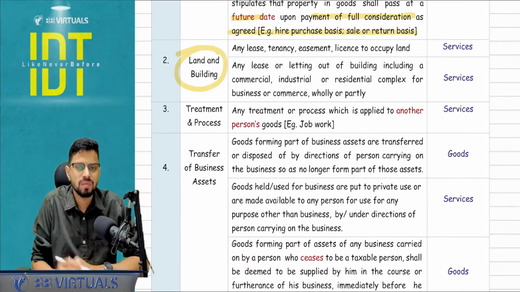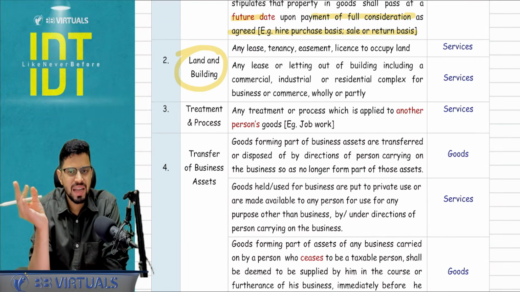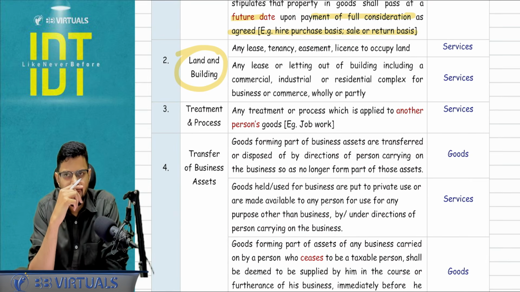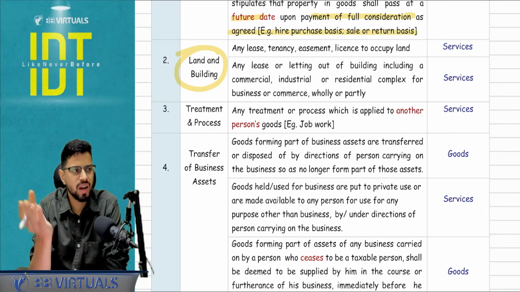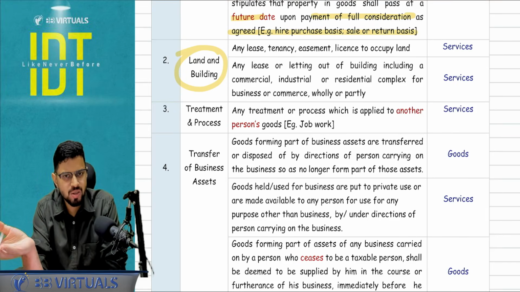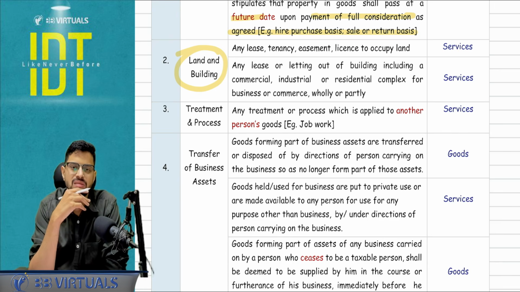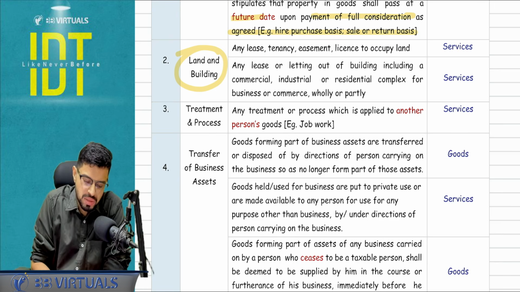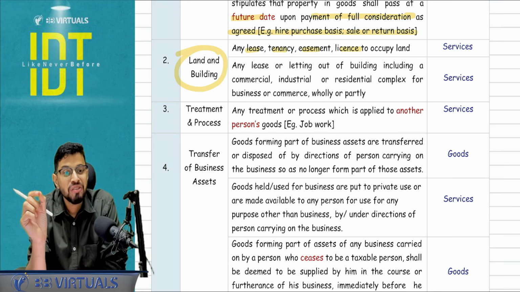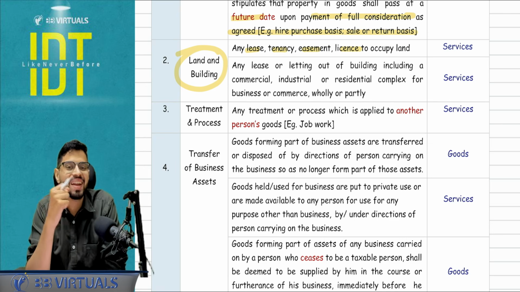Land, building, rent, lease, everything is service. When I rent a flat or rent my building, will I tell this as goods? No, sir, it is a service. Now, these are technical terms: lease, tenancy, easement, license. These are just the forms of supply.